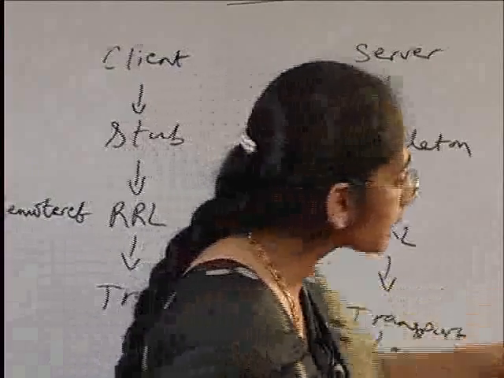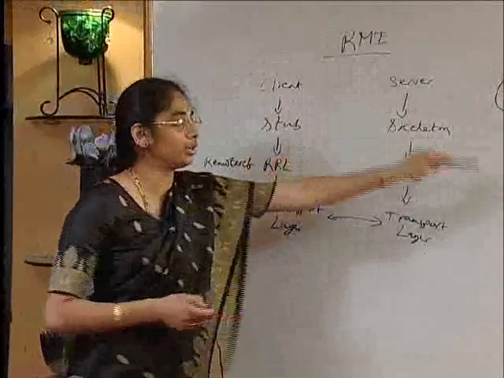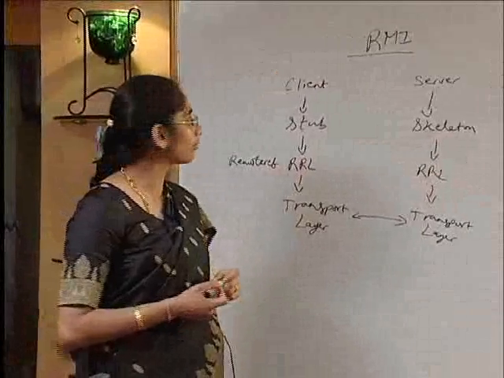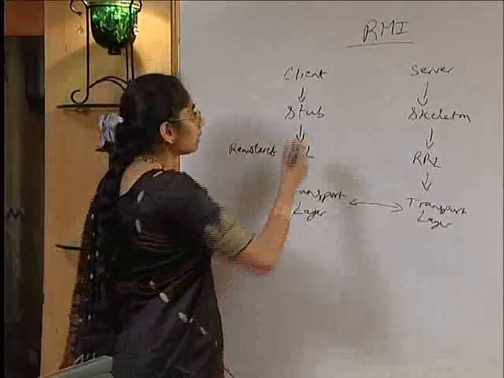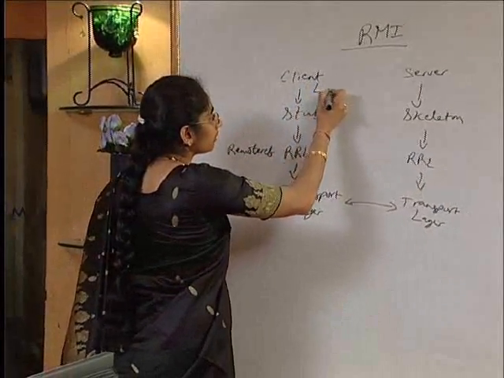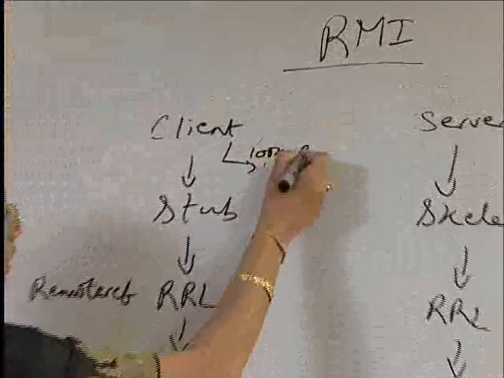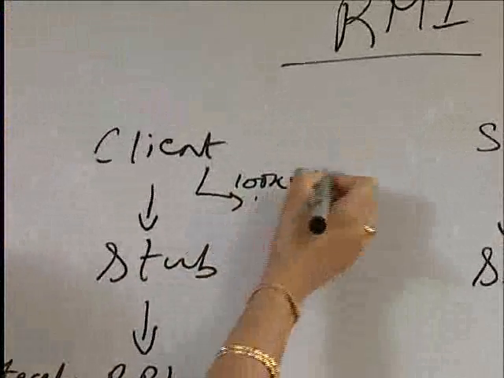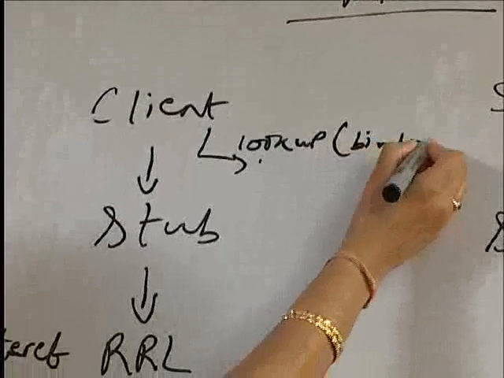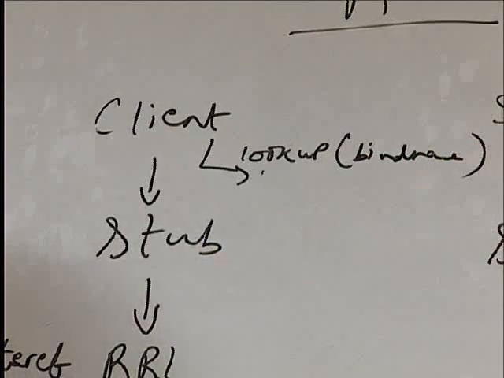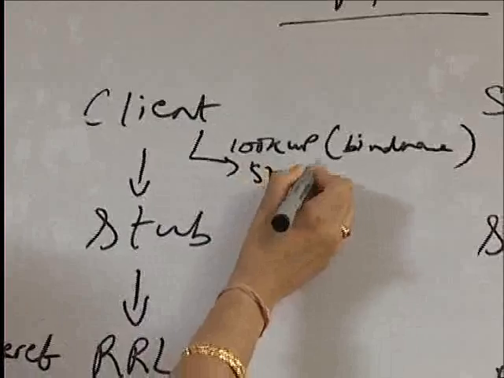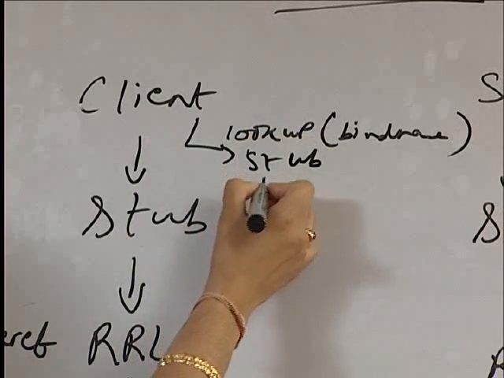Once the object is ready and available in the registry, the client does a lookup on the Naming interface. When a client calls lookup on the Naming interface specifying the bind name, the lookup call goes to the stub of the registry.